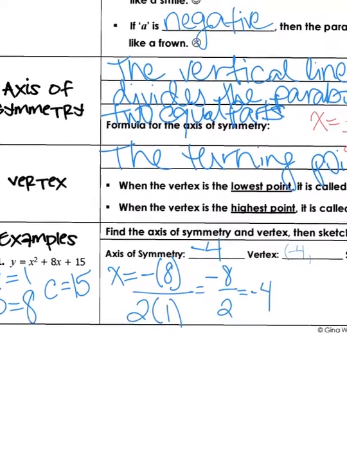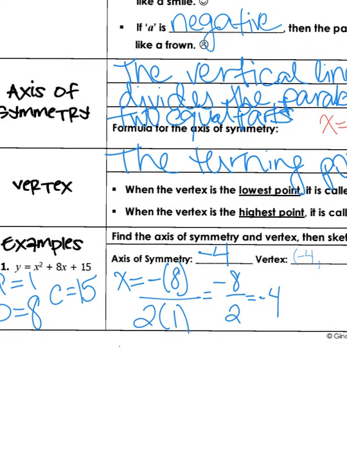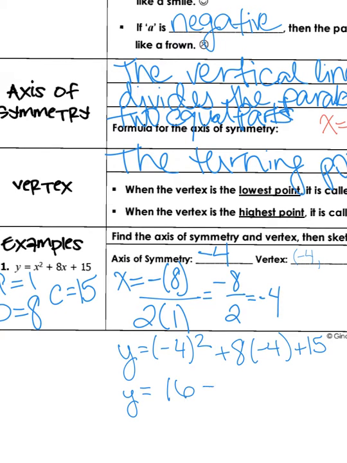I'm going to do this underneath. So I want to find my y value. I know the x value of my vertex is negative 4, so y equals negative 4 squared plus 8 times negative 4 plus 15. So y equals 16 minus 32 plus 15.